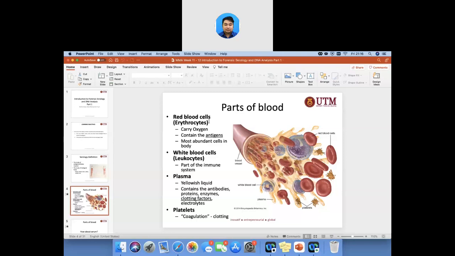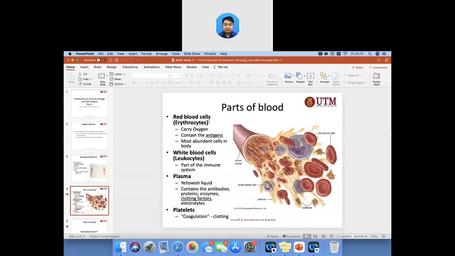White blood cells, or leukocytes, are part of our immune system. If you have heard about T cells, B cells, or even macrophages, all of that is part of our white blood cells.